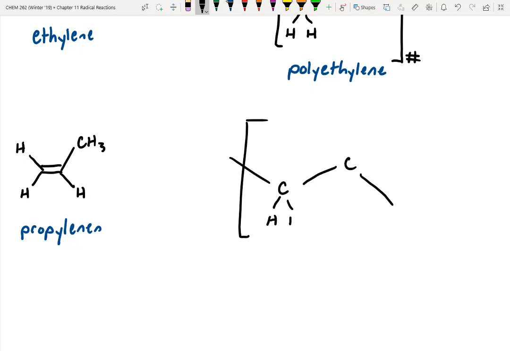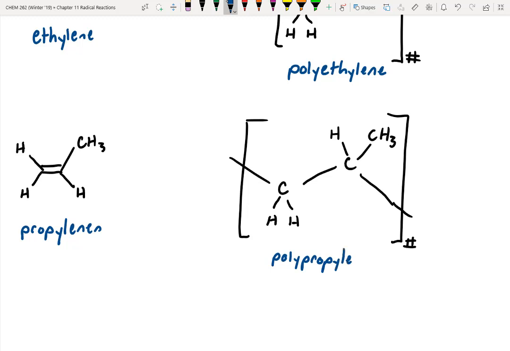The left carbon will still have 2 hydrogens. The right one will have 1 hydrogen and 1 methyl group. And this will be called polypropylene. Does anybody know what polypropylene is found in?